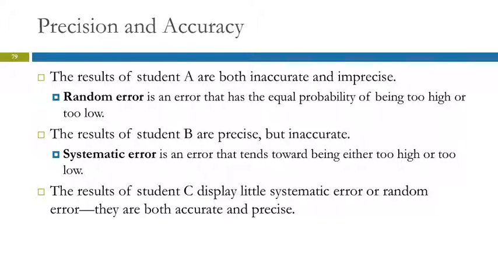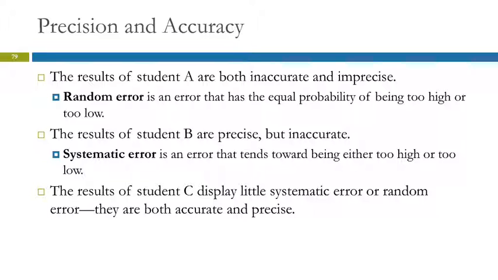And then student B was precise but inaccurate, and inaccuracy comes from systematic error. This is a sort of error that tends towards being too high, or it tends towards being too low. And there are many different things that could cause this to happen. If you're measuring a liquid in a graduated cylinder and you're measuring the top of the meniscus instead of the bottom of the meniscus, all of your volumes are going to come out too high.